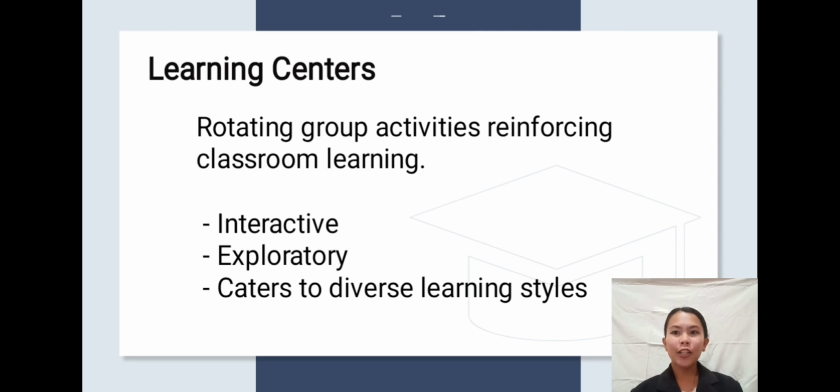For example, in a science lesson, you might have stations for experiments, reading, and games, all related to the central theme. This caters to diverse learning styles. So here are the key features of learning centers: interactive, exploratory, and catering to diverse learning styles.